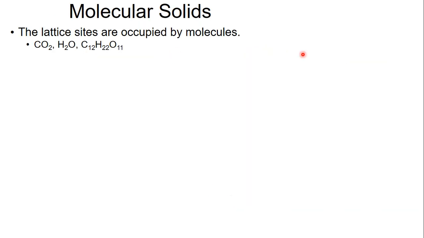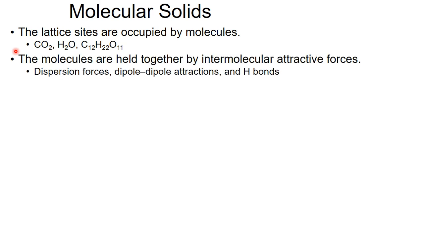We're going to start with molecular solids, like I said. These are made out of molecules, some examples being CO2, H2O, C12H22O11, right? And since there's no covalent bond between molecules, for example in ice, two different H2O molecules are not covalently bonded together. Rather, they're held together by intermolecular attractive forces.